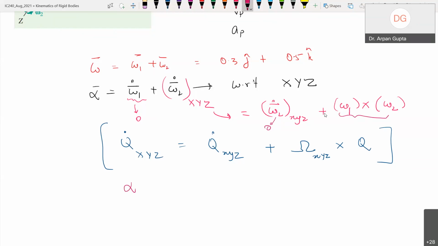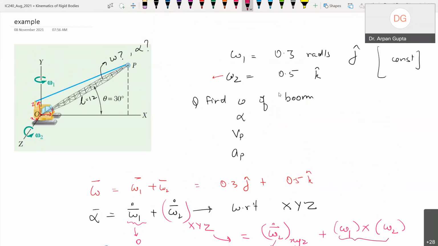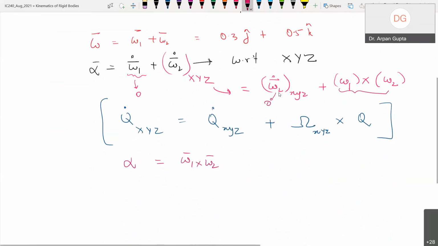And therefore the alpha will be omega 1 cross omega 2 vectorially, and 1 is in this direction, 2 is in this direction. So it's going to be in the I cap direction, and if you calculate this magnitude, this will turn out to be 0.15 radian per second square, I cap.